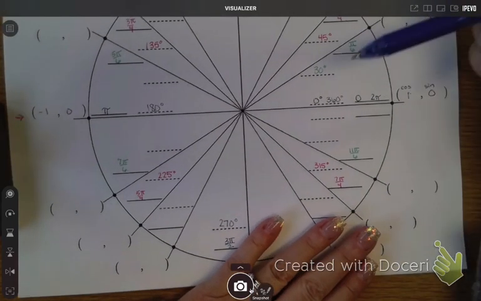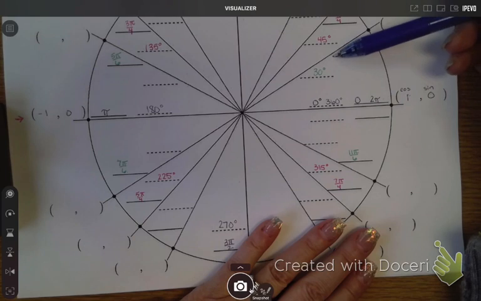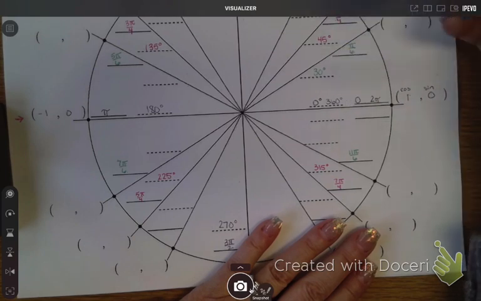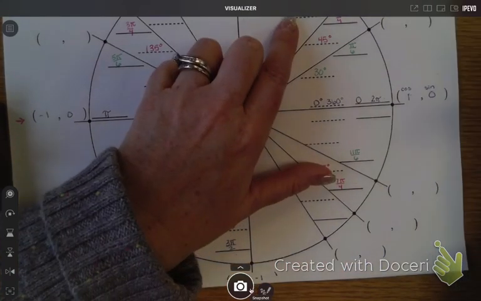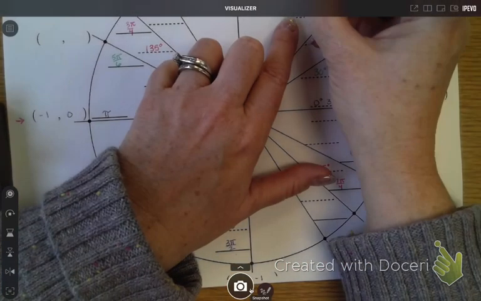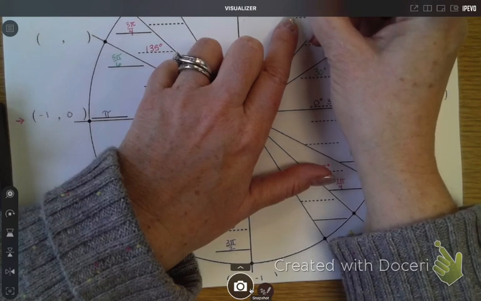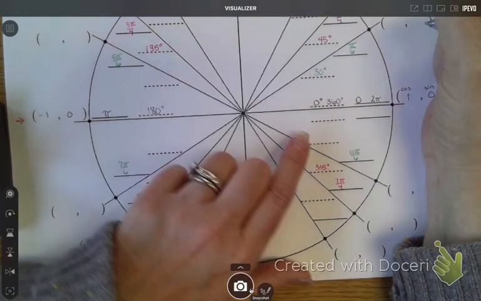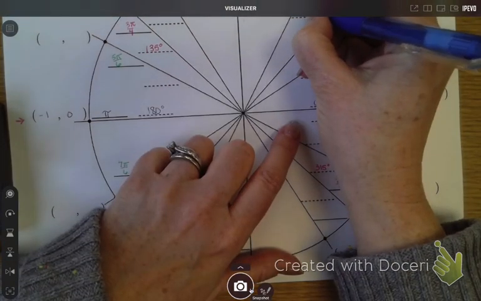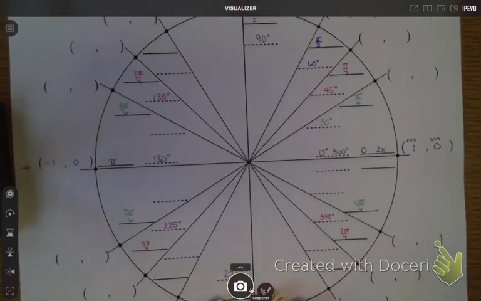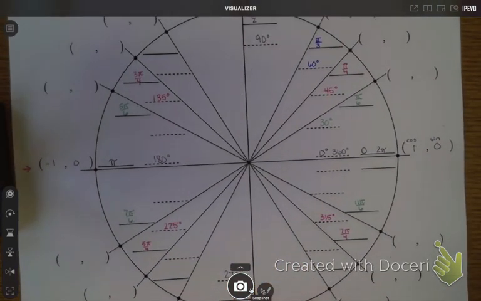Somewhere when I was doing this, I had 1 pi over 6, 2 pi over 6, that reduces to what? Pi over 3. Well, what angle goes into 180 3 times? 60 degrees. So we now have 60-degree chunks. It would not be Celsius. Okay?